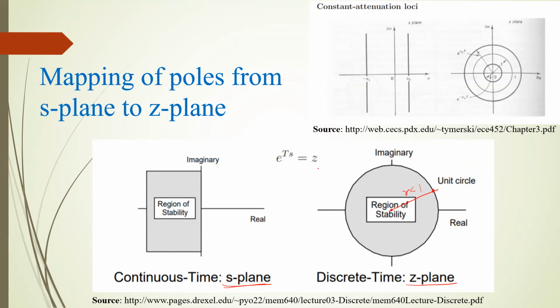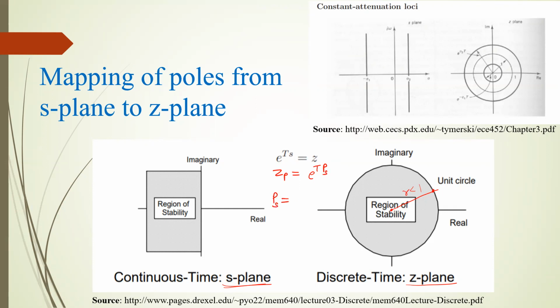We know that Z is equal to e^(sT). If we want to write it in terms of a pole, we can write Zp equal to e^(T·Ps), where Ps is the pole in the S domain.